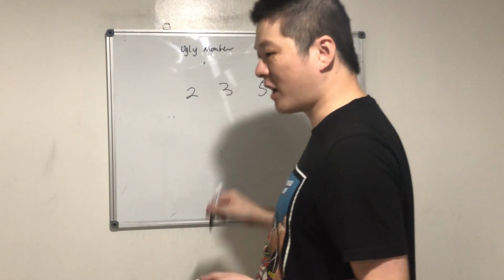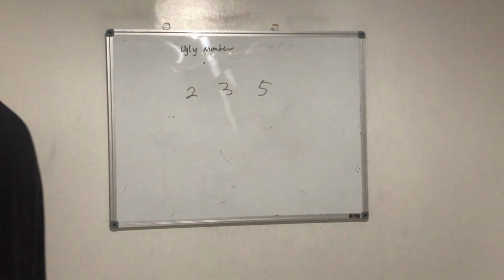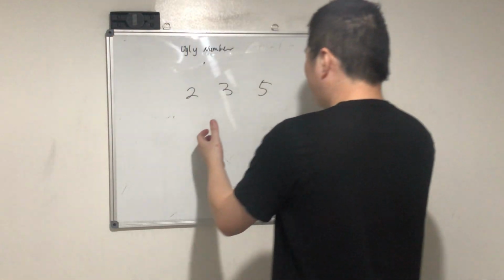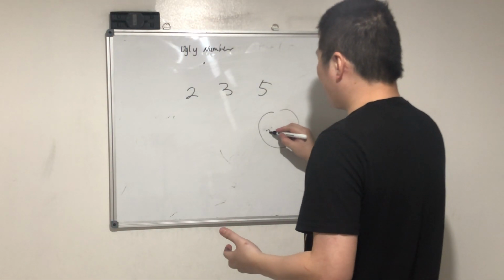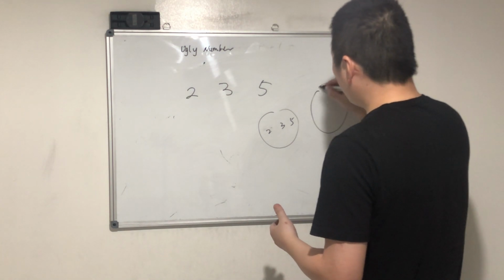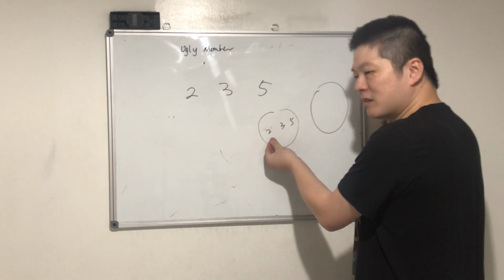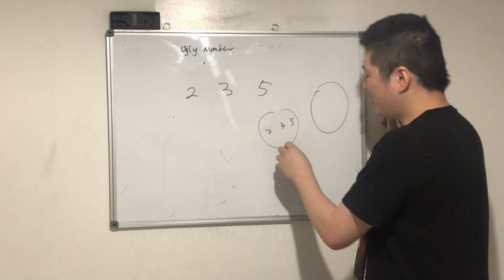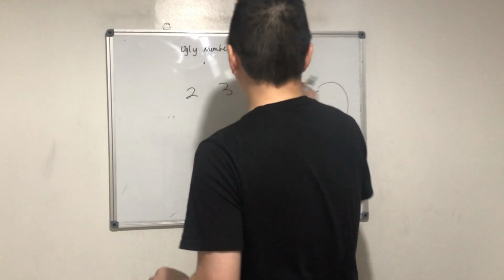So how about we have a pool of numbers, and every time we take the smallest?